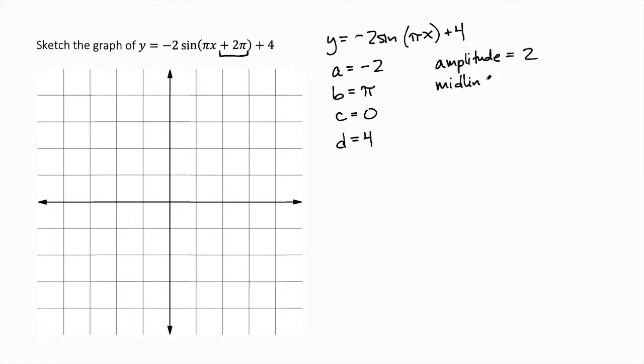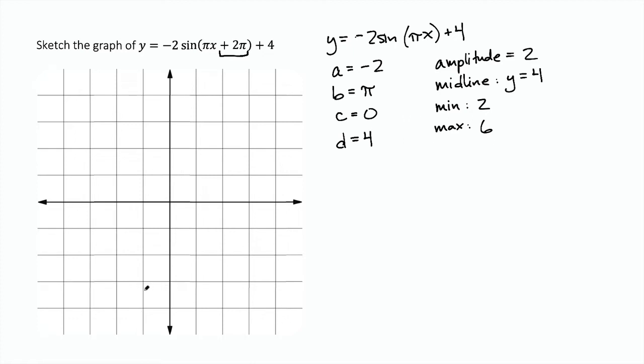The midline is y equals D, so y equals 4 in this case. And we can get our minimum and maximum from those two things. The minimum is the midline minus the amplitude, so that's 2. And the maximum is the midline plus the amplitude, which is 6.